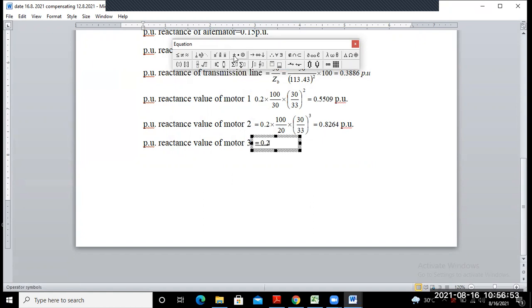So just consider here MVA new by MVA old. MVA new is your 100 and MVA old is your 50, into kilovolt base old by kilovolt base new whole square.